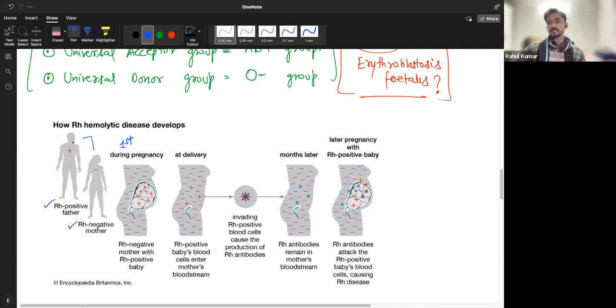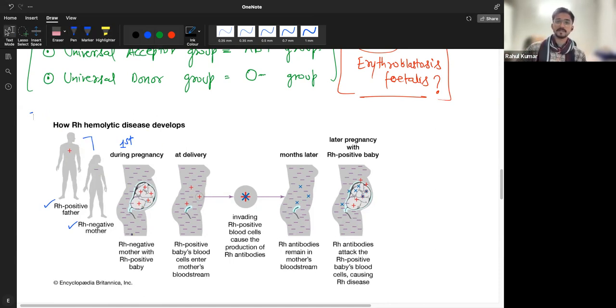If the father is Rh positive, at least one Rh positive gene can come. The father can be Rh positive for both alleles, or Rh positive for one allele and Rh negative for the other. In both cases, the father is Rh positive. Depending on which allele he gives, the baby can have Rh positive blood inside an Rh negative mother.